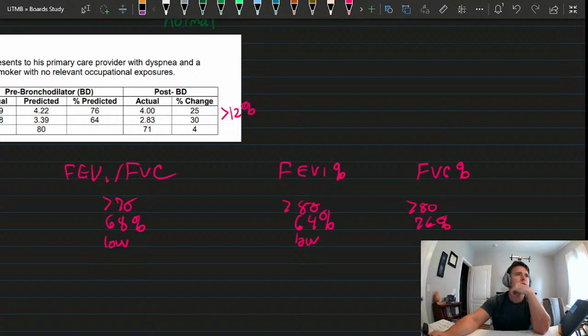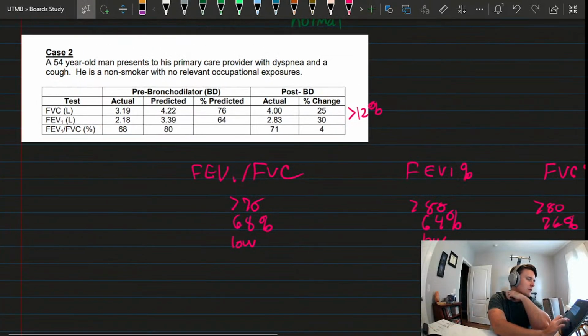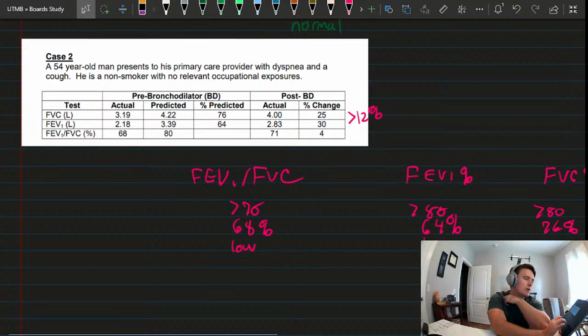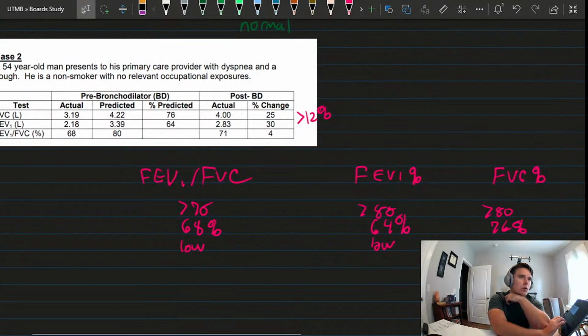Consistent with diagnosis of obstruction. So that is correct. So they do have an obstructive lung disease that is responding to bronchodilator. So case 3.